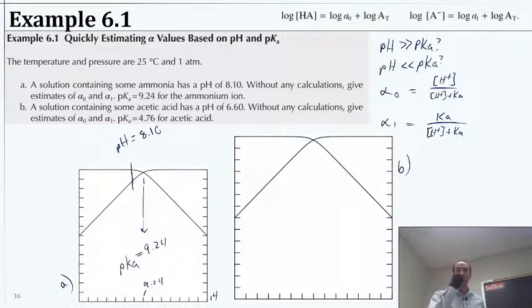So the log alpha naught ticks are on the left, and then the log alpha 1 ticks are on the right? That is a very good point. We probably should label these. So this will be pH on the x-axis and log alphas on the y-axis.